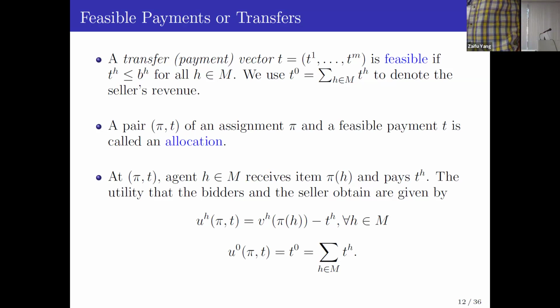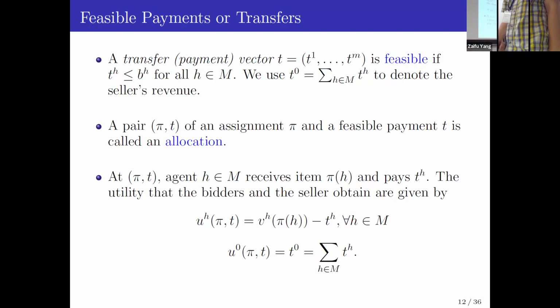Then a pair, an assignment and a feasible payment T, is called an allocation. At this allocation, this is the utility of the bidder: the utility of the object he gets minus the payment. Then what the seller gets is the total payment.